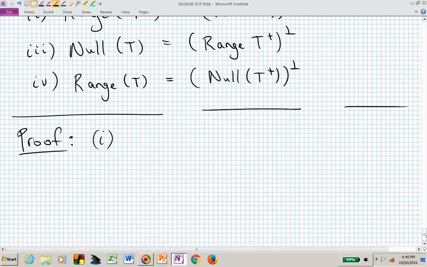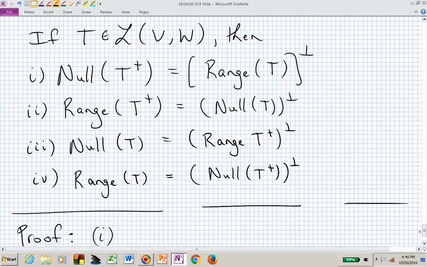So here, this one is saying, let's show the equivalence of the null space of T dagger and the orthogonal complement to the range of T. So what's the orthogonal complement of the range of T? If I said, here's a linear map T, what would it mean to be the orthogonal complement of that range space of that linear map?